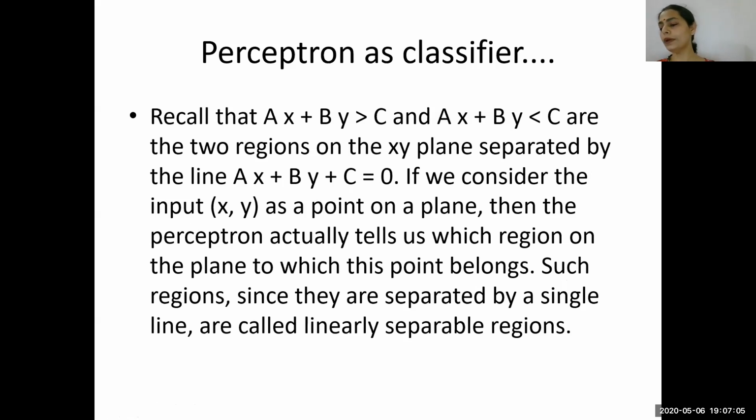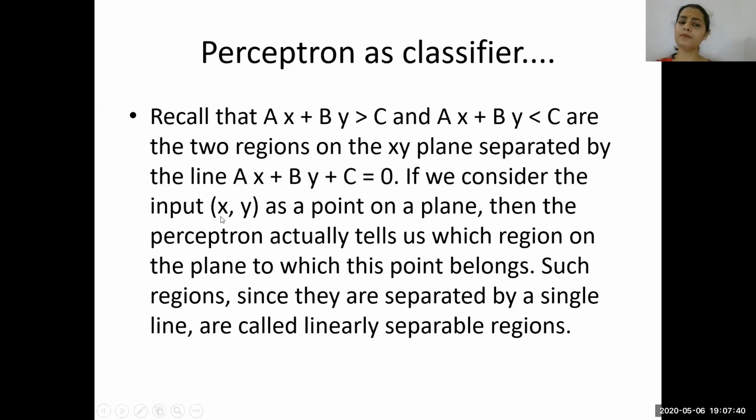Let us see how we can use this perceptron as a classifier. Now recall that ax plus by is greater than C and ax plus by is less than C are the two regions on the xy plane. These two regions are separated by a line defined as ax plus by plus C equal to 0, where C is the threshold.